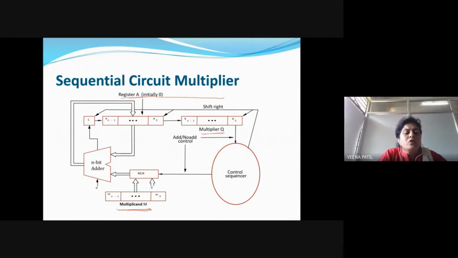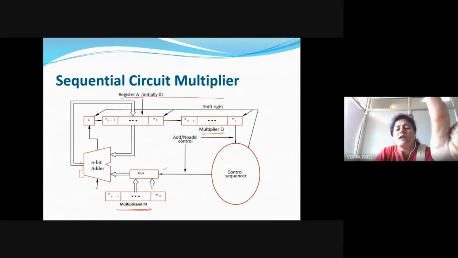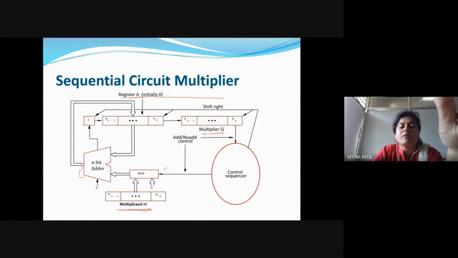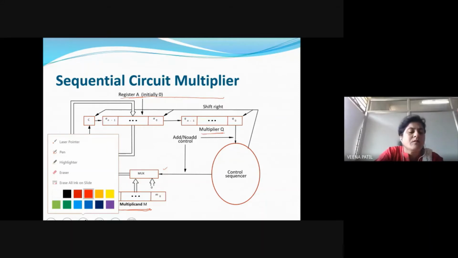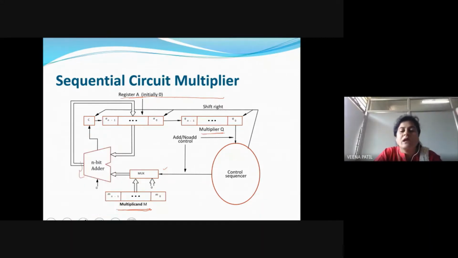We are going to use one n-bit adder and a multiplexer, and also we have here the control sequencer, which is going to find out the bit in the multiplier.